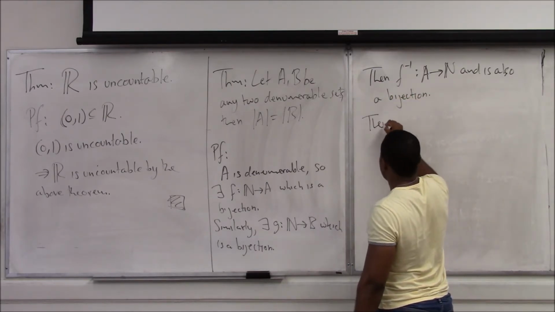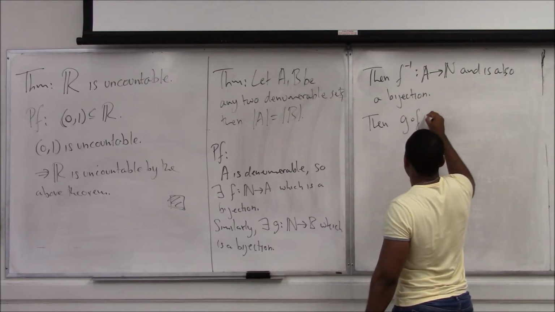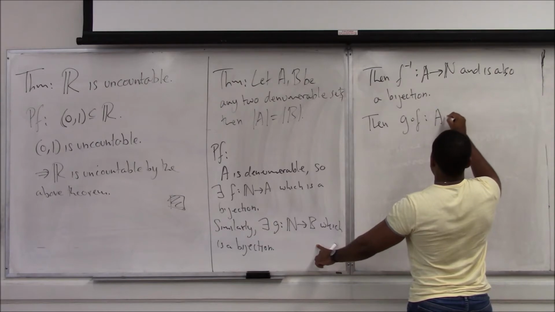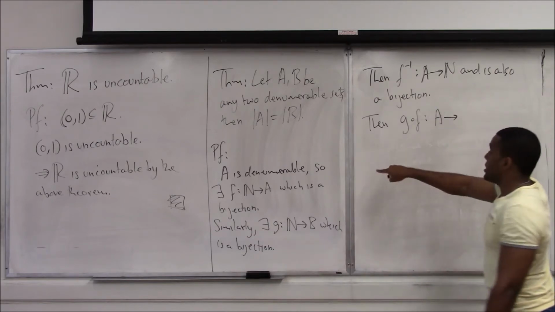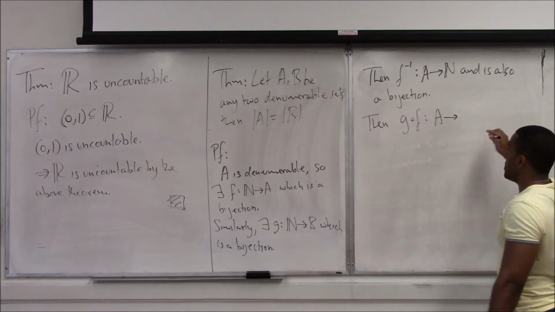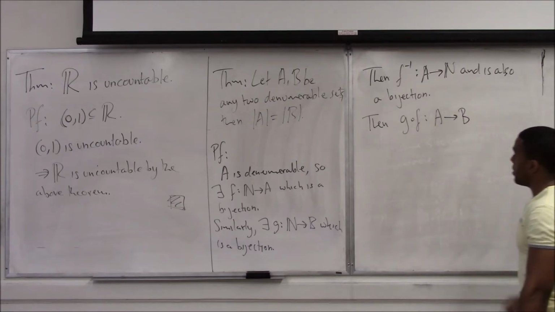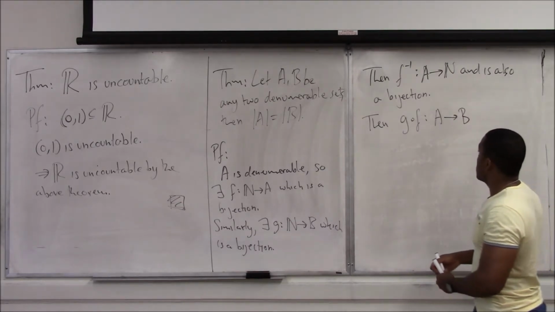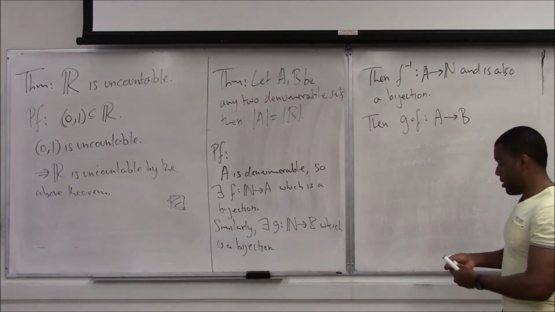Then, if you look at G of F, this will be going from A. So F takes A to N, then G takes N to B. So this goes from A to B. Isn't it G of F inverse? So then G of F itself.